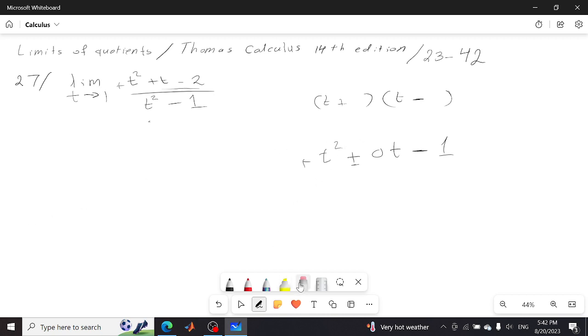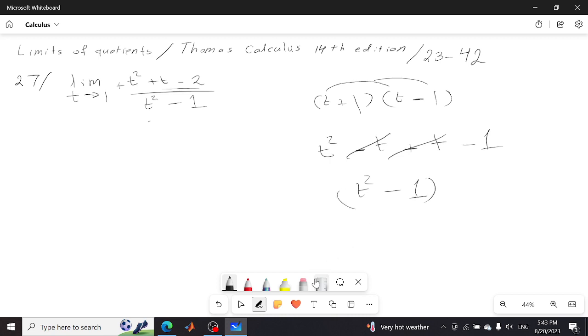And how do we get 1? It is 1 times 1. So we have 1 here and 1 there. Let's distribute these and see if our theory is correct. So we have t squared minus t plus t minus 1, and these two cancel out, which gives us t squared minus 1, which means our theory is correct.